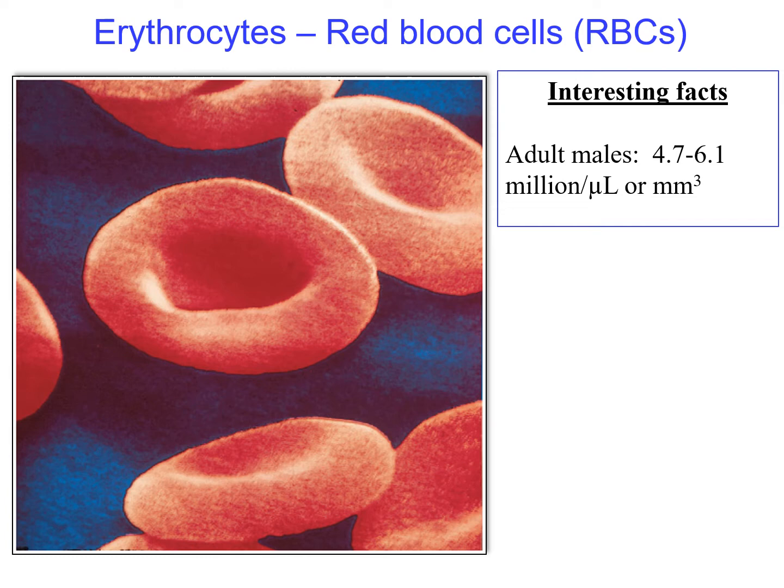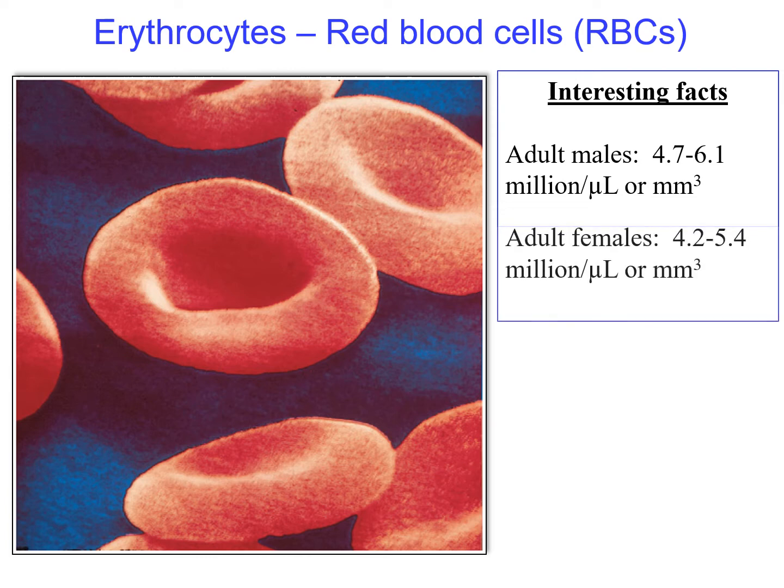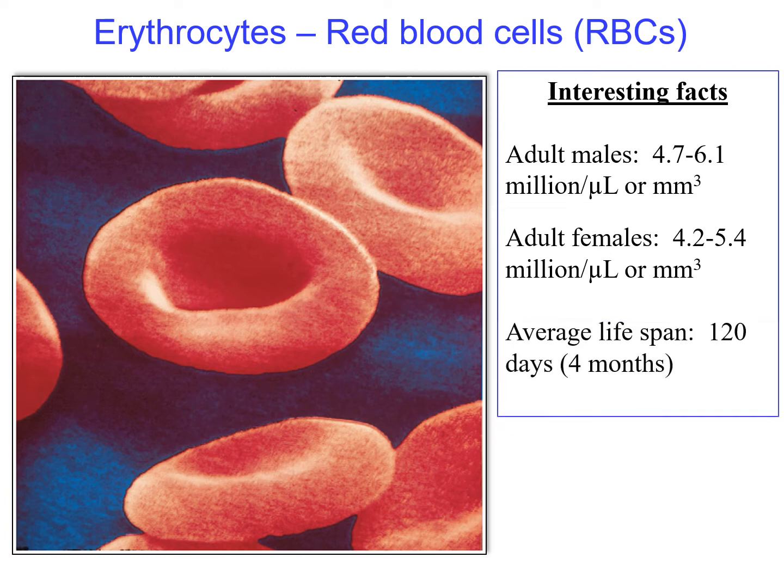In adult males, we typically like to see RBC counts of somewhere between 4.7 and 6.1 million cells per microliter or cubic millimeter. Just a little bit lower than that, 4.2 to 5.4. And the average life expectancy of a red blood cell is about 4 months, and then they're recycled, which we'll talk a little bit more about in a few minutes.